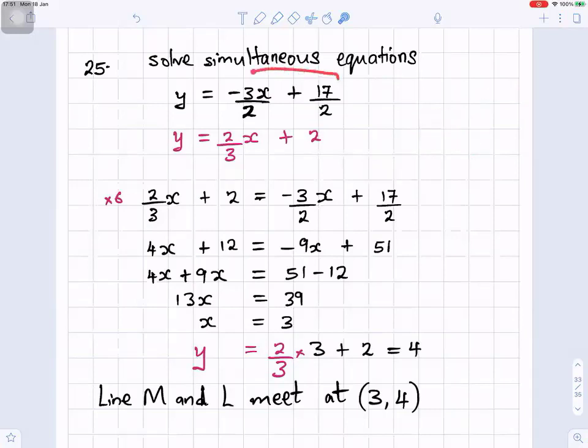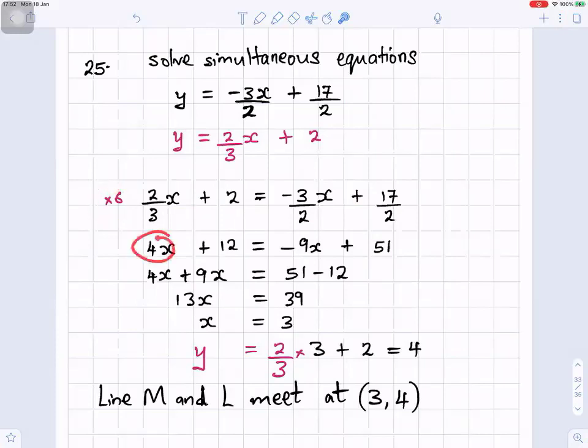So we solve the simultaneous equation. That's L and that's M. To solve them, we make them equal to each other. So 2 over 3x plus 2 is equal to minus 3 over 2x plus 17 over 2. To get rid of the denominators, we times all of them by 6.